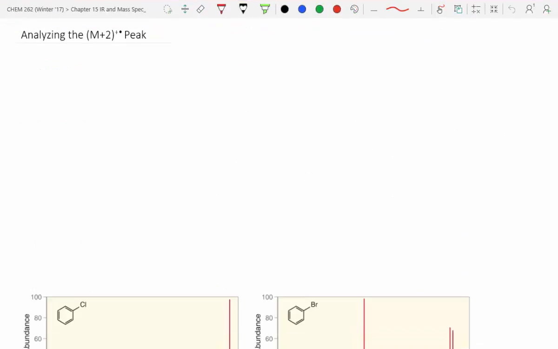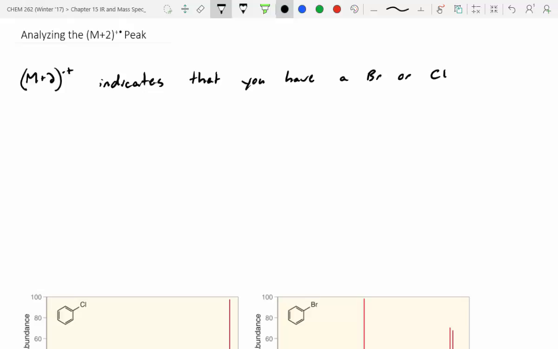You're probably wondering, why is there a mass plus 2 peak? Mass plus 2 peak is a really useful hint. It indicates that you have a bromine or a chlorine. So if we look at chlorine, chlorine's a little bit unusual.